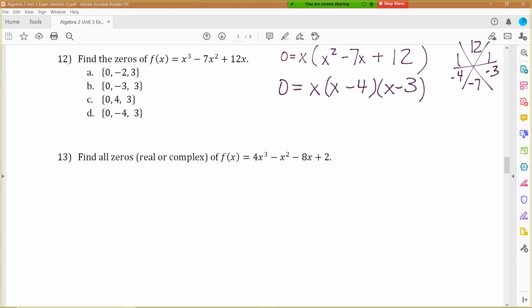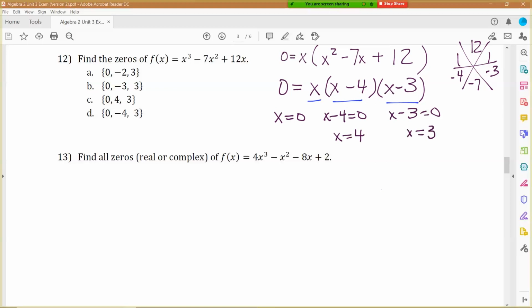So then to find the zeros, you need to set every single term equal to 0. So we have 3 terms here. The first one's the easiest, x equals 0 is just x equals 0. Then we would have x minus 4 equals 0, x minus 3 equals 0.